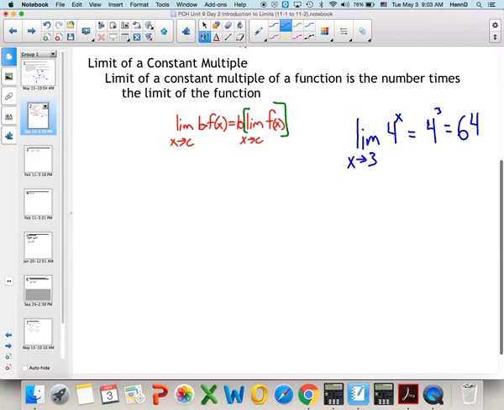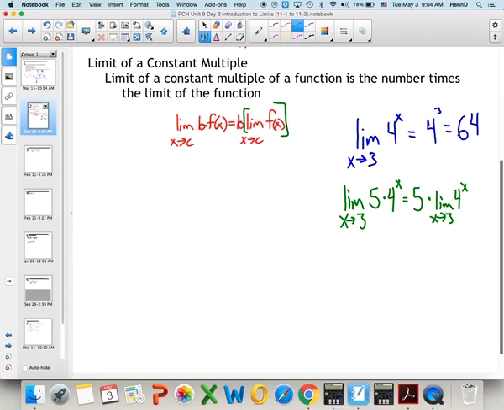However, let's say I want the limit as x approaches 3 of 5 times 4 to the x. According to this theorem, I can take this 5 and pull it out in front of the limit: 5 times the limit as x approaches 3 of 4 to the x.